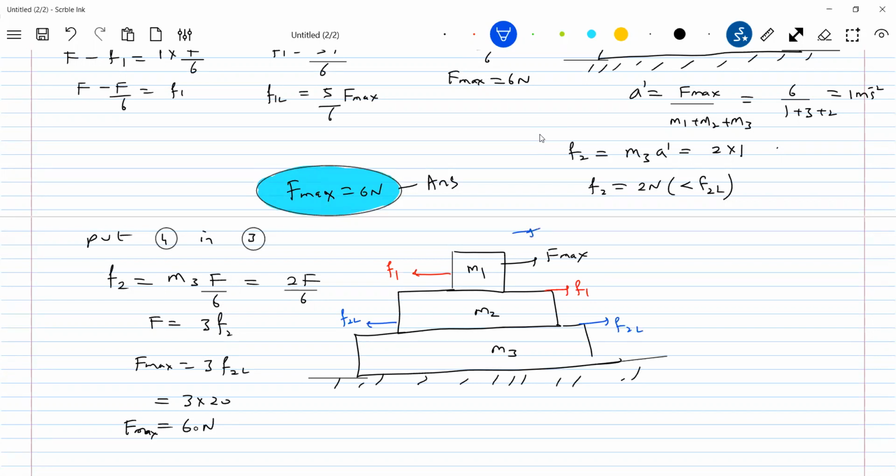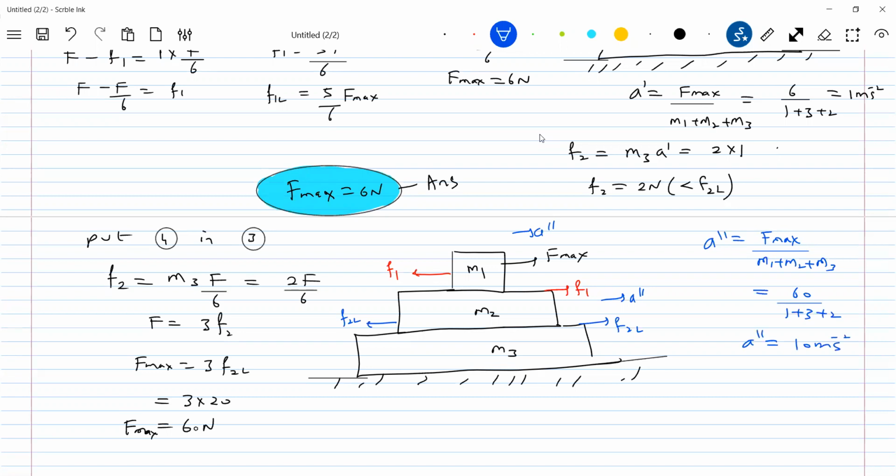The acceleration, let me call A double dash. What is A double dash? It should be equal to F max by M1 plus M2 plus M3. This will be 60 by 1 plus 3 plus 2. I'm getting 10 meter per second square.